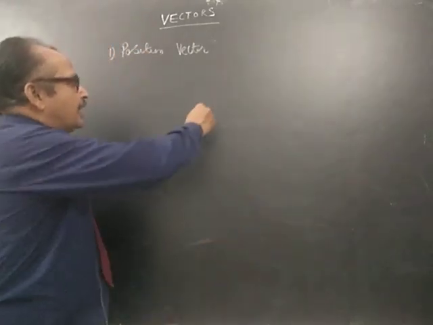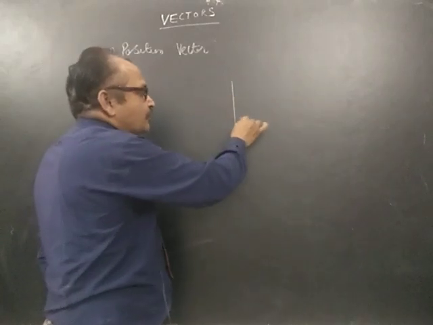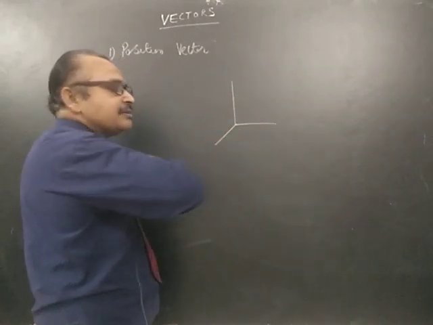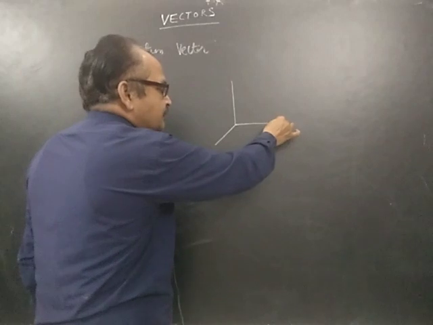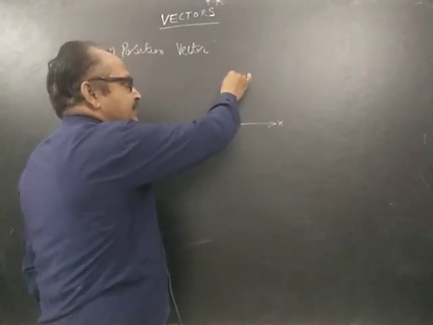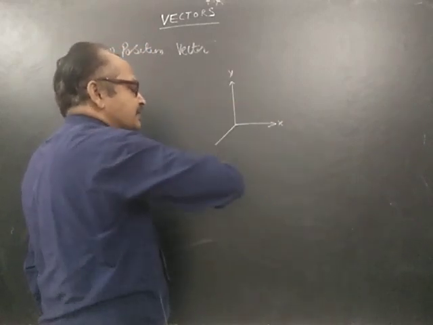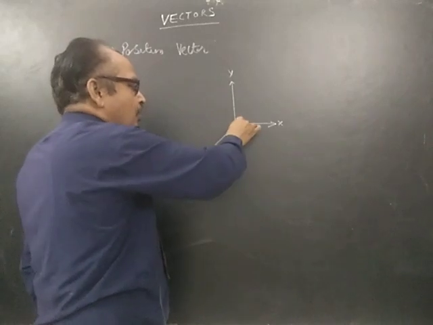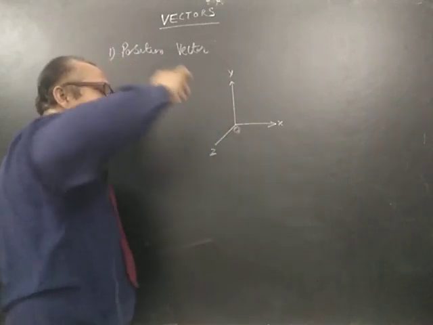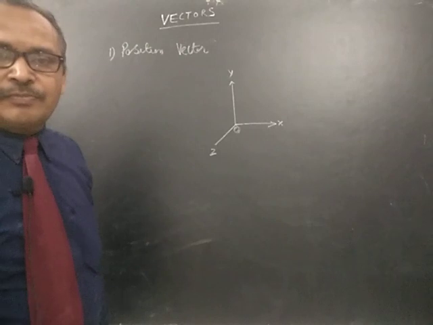For example, I have a Cartesian format in which this is, suppose, the x-axis, this is the y-axis, this is the z-axis. Obviously this is going to be the origin.